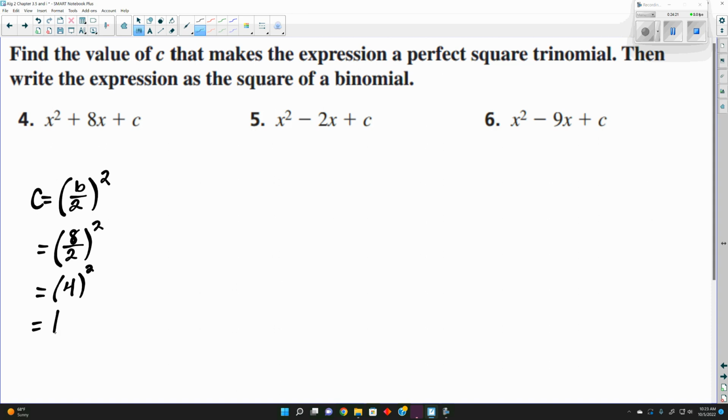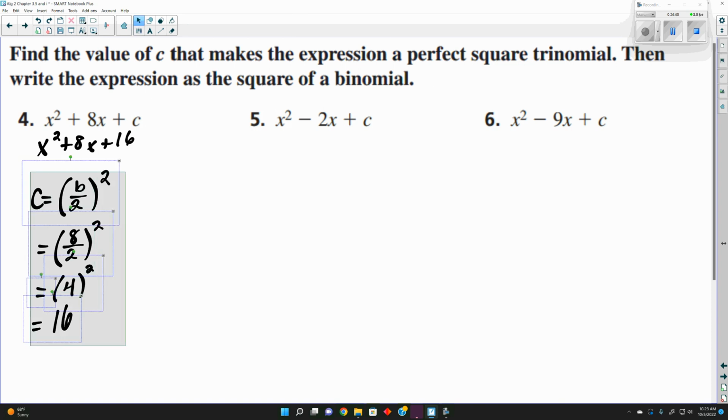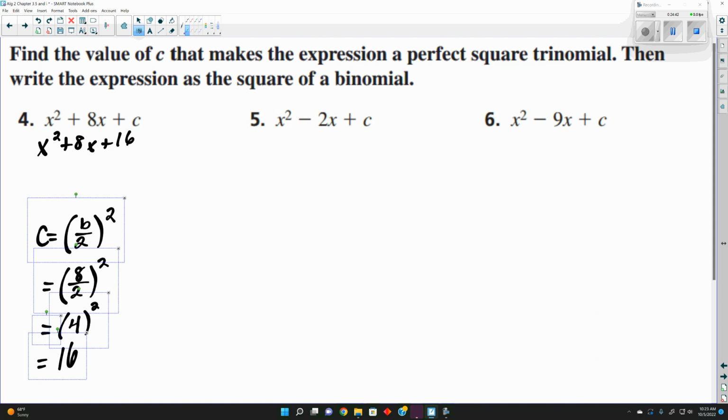And 4 squared is 16. So this here would be x squared plus 8x plus 16 with it not factored. But if we factored it, it would be exactly, as y'all are saying, x plus 4 squared.